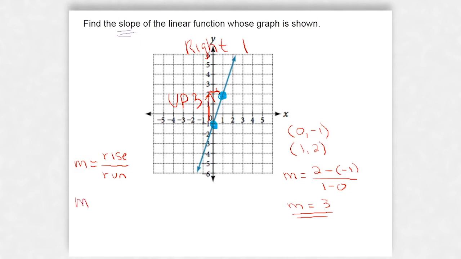So my slope is up 3, right 1. Up is positive, right is positive, down is negative, left is negative. Here we have 3 over 1, which is the same slope, 3.